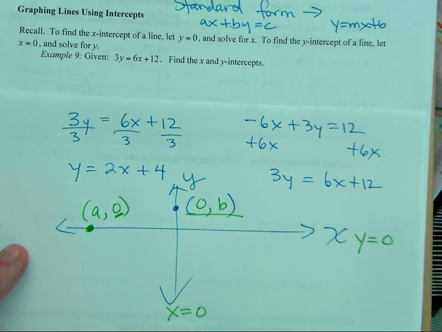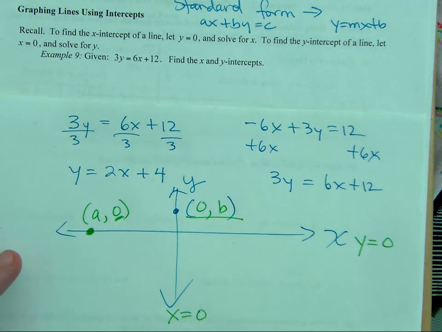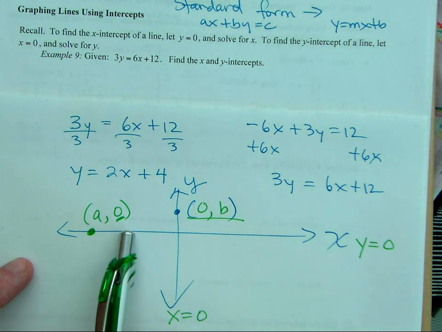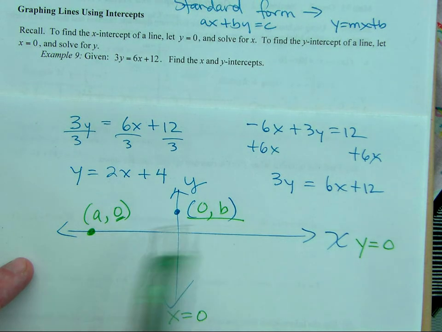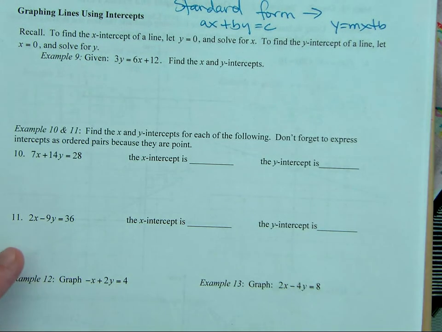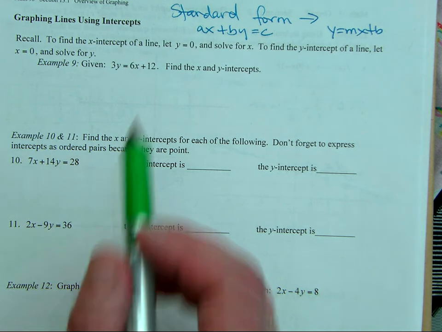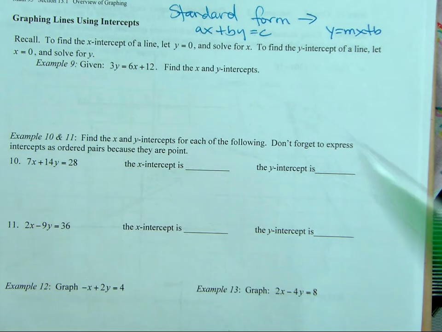Y equals 0 is the equation of the x-axis, right? Because all of the coordinates on the x-axis have one thing in common: they all share y equal to 0. That's really convenient if you want to find the x and y intercepts, because we technically only need 2 points to draw a line.